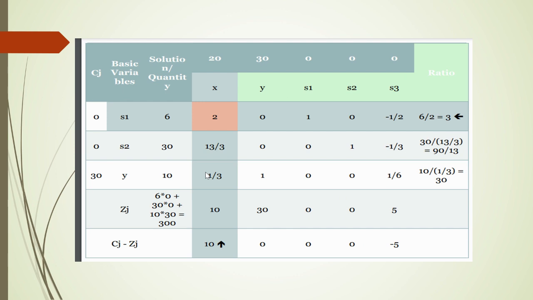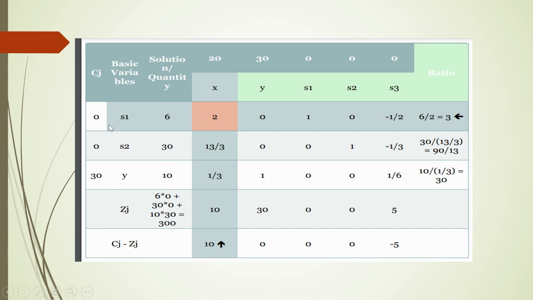And this is the second iteration table. Now we compute Zj. 0 into 6 is 0, 0 into 30 is 0, 30 into 10 is 300. We add all these numbers and get 300.